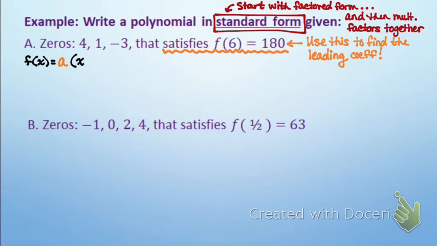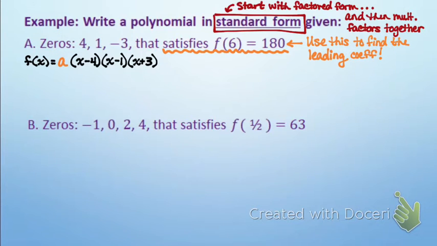And then we have our factors, x minus 4, x minus 1, x plus 3. Oh, sorry, x plus 3, thank you. I don't know where I got 5 from. At this point, I'm going to take f of 6 equals 180 and use that to substitute in.